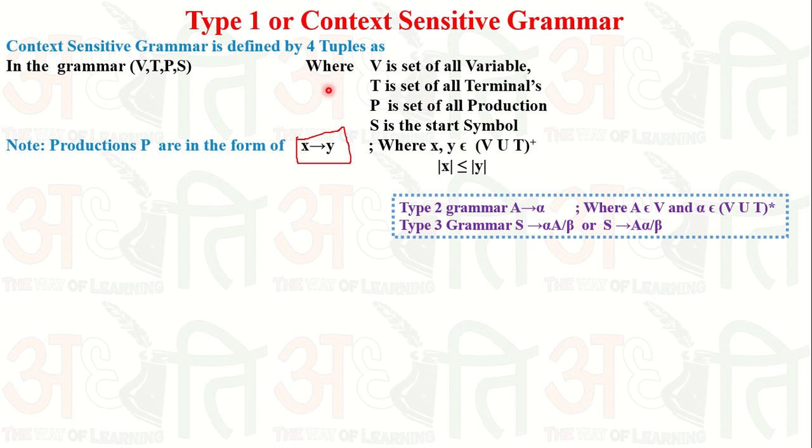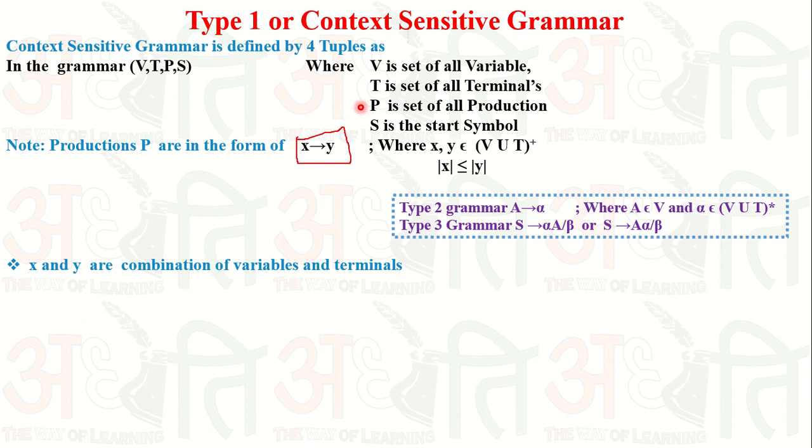Today we are discussing type 1 grammar, known as a context sensitive grammar, and the language generated by it is known as a context sensitive language. The automata which accept it is known as a linear bounded automata, which I already discussed in the previous video. I hope you can easily differentiate between the grammars of type 1, type 2 and type 3.